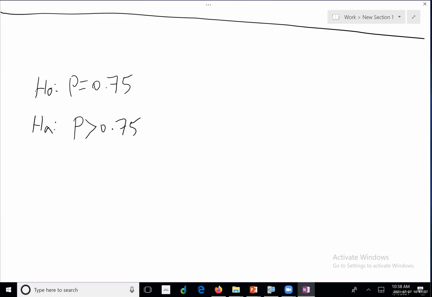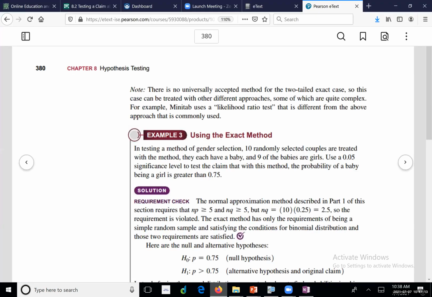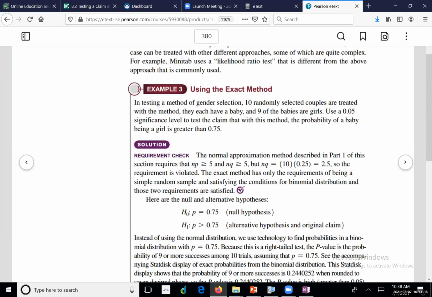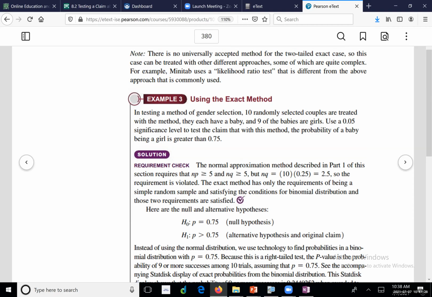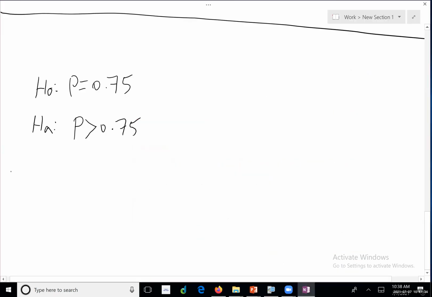Okay, checking the requirements. So what was the requirement? The requirement was checking 5 successes and 5 failures. Let's see if that's met here.